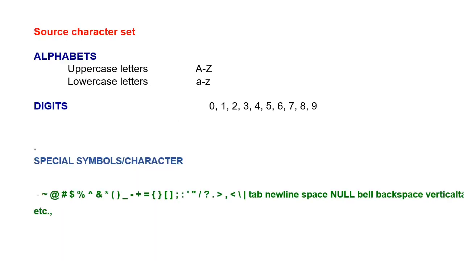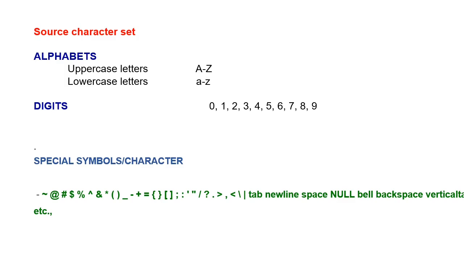What are the sources of character sets? In English we have 26 letters. In uppercase we can use A to Z, and in lowercase a to z. Similarly, what are the digits?